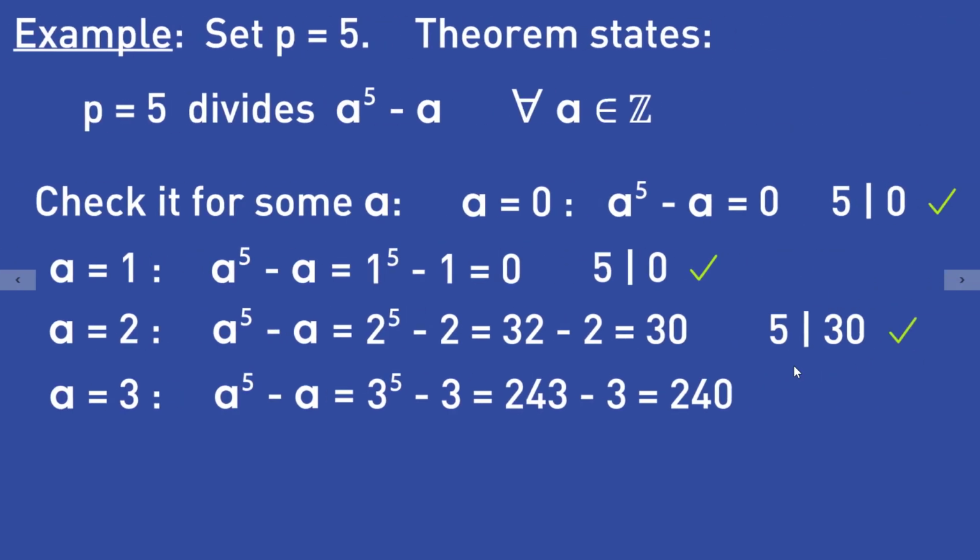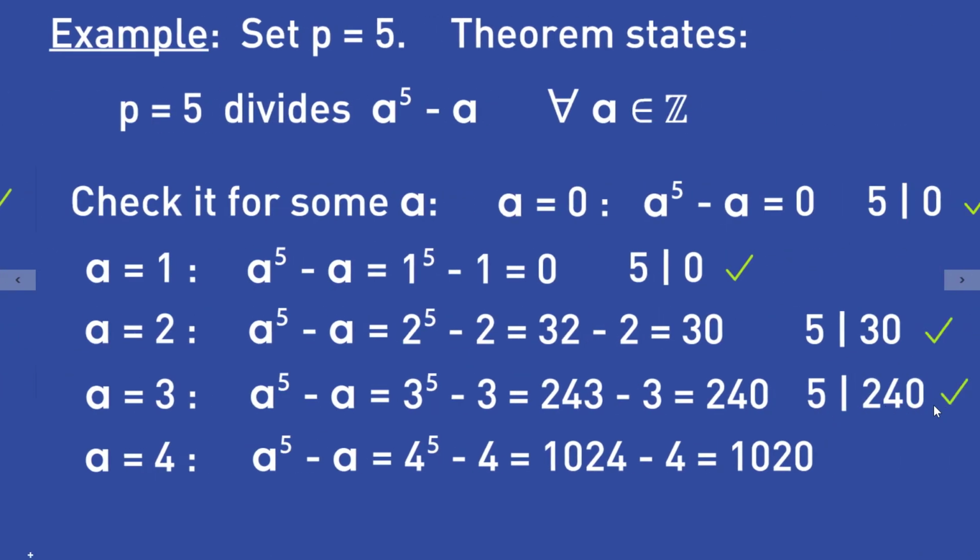For a equal to 3, a to the power of 5 minus a is 3 to the power of 5 minus 3, which is 243 minus 3, which is equal to 240. And 5 divides 240. So that's all right.